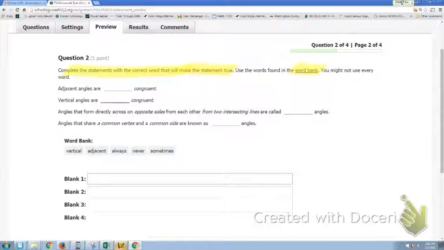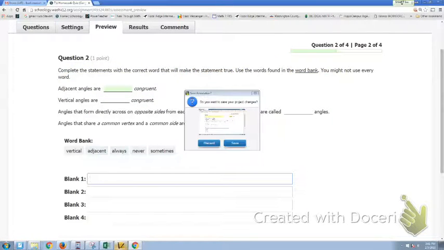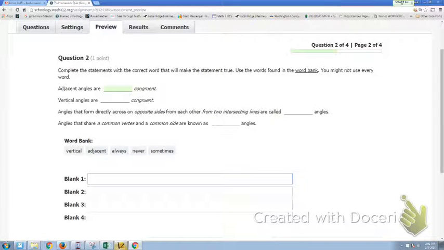Okay, so the first question reads, adjacent angles are blank congruent. Review your notes on adjacent angles. Here's the first blank. If you want a word to pop in there, you can just click on that word from the word bank and it'll pop in there.